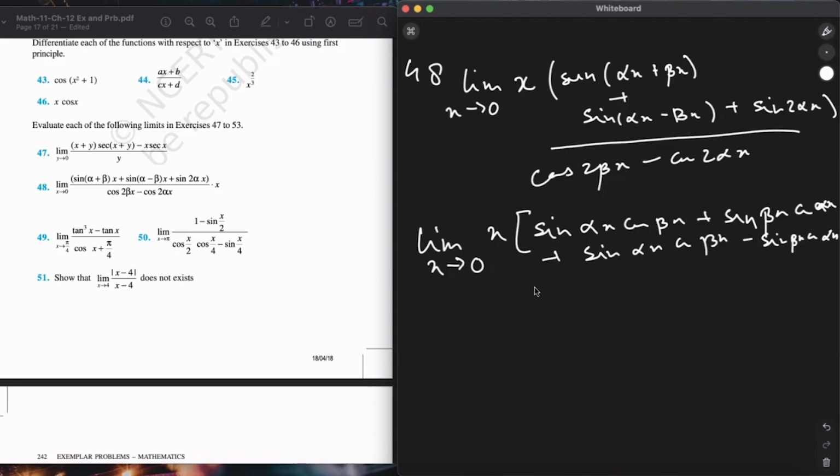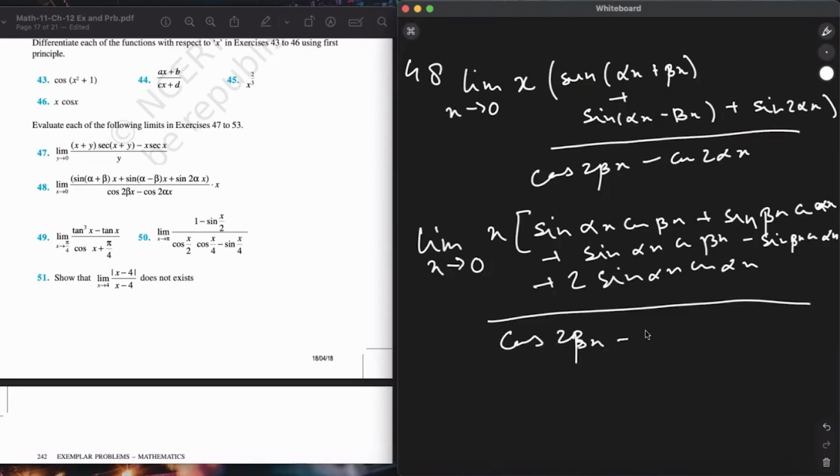And for sine 2 alpha x, I can write this as plus 2 sine alpha x cos alpha x. This whole thing is divided by cos 2 beta x minus cos 2 alpha x.